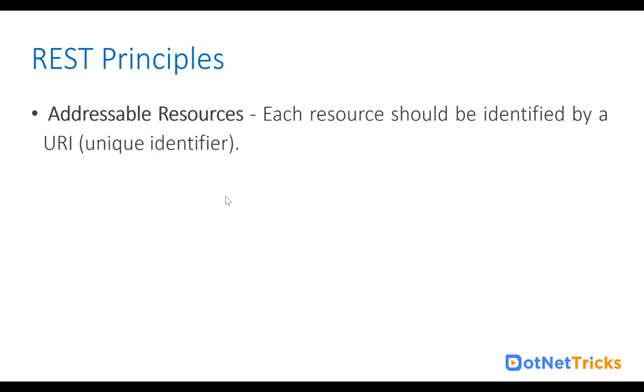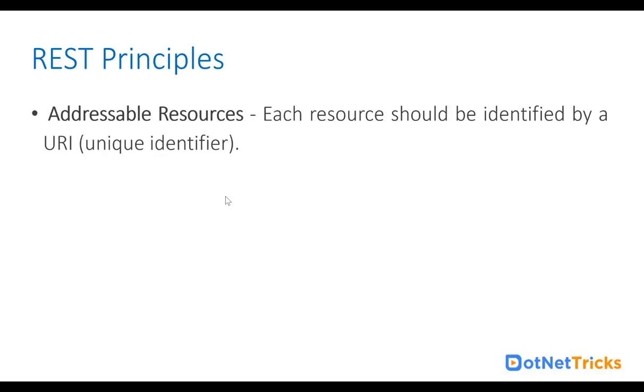URI is not the same as URL, because more than one resource can have the same URL, but the URI should always be different. You can think of a URI as a combination of the HTTP verb and the address we want to call, because on the same address I can make a get request, a post request, or a put request.